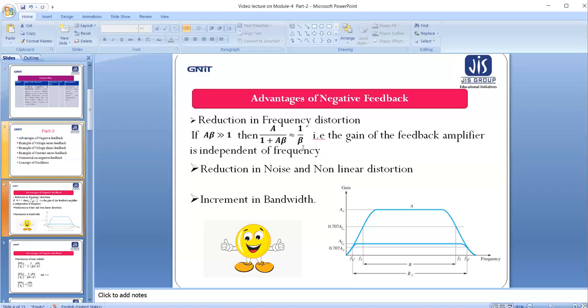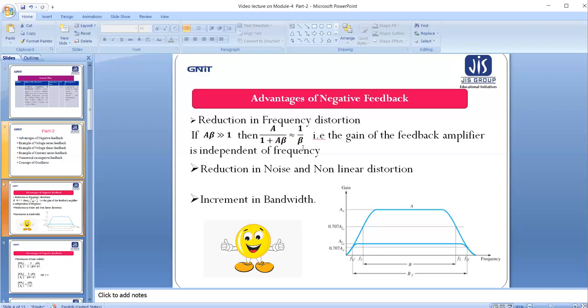But if beta is a purely resistive value, then the response of the total system will be independent of the frequency. So A beta much greater than 1 implies that the feedback circuit must be a resistive circuit. In that case, it will be completely independent of the frequency.